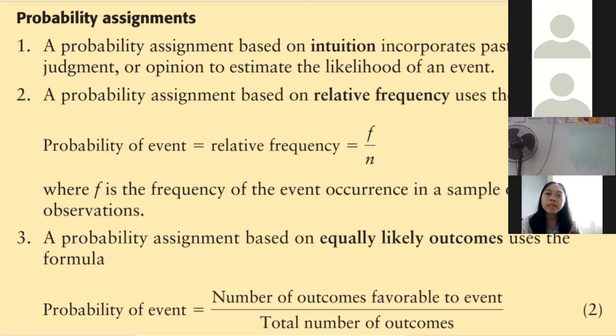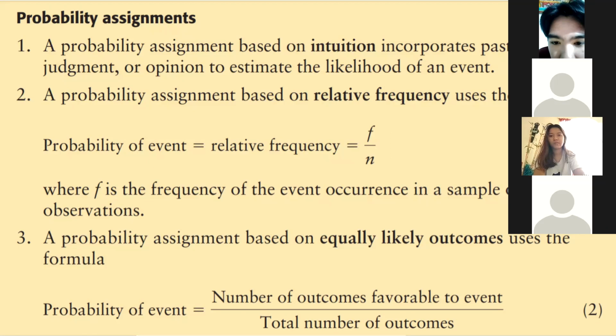A probability assignment based on relative frequency uses the formula probability of event is equal to relative frequency is equal to F over N, where F is the frequency of the event occurrence in a sample of N observations. Okay, so like we did in the number 2 is based on relative frequency.